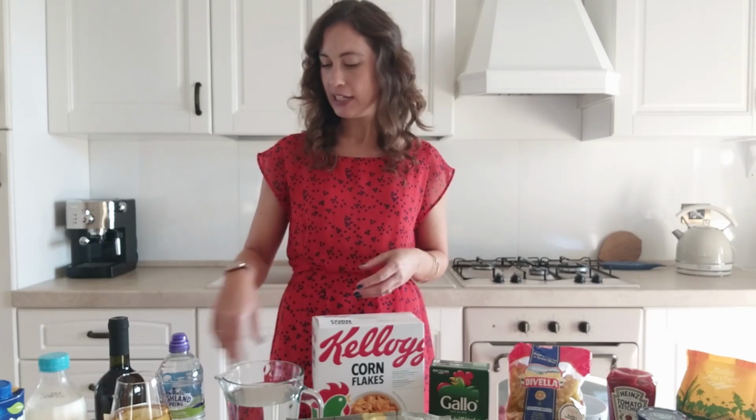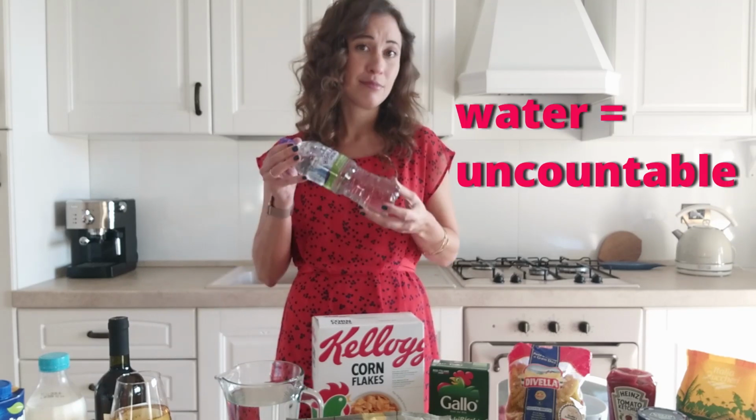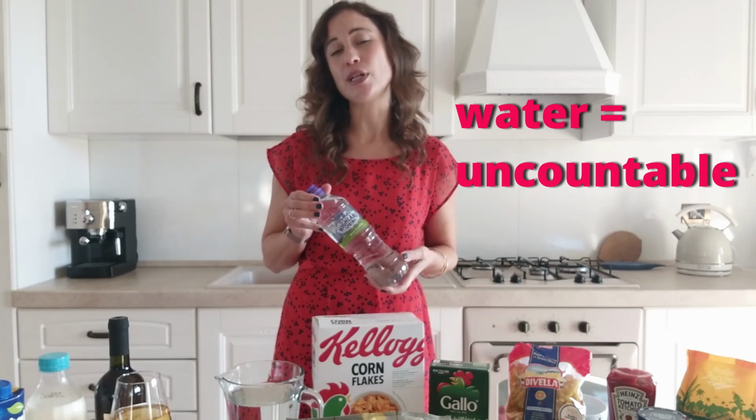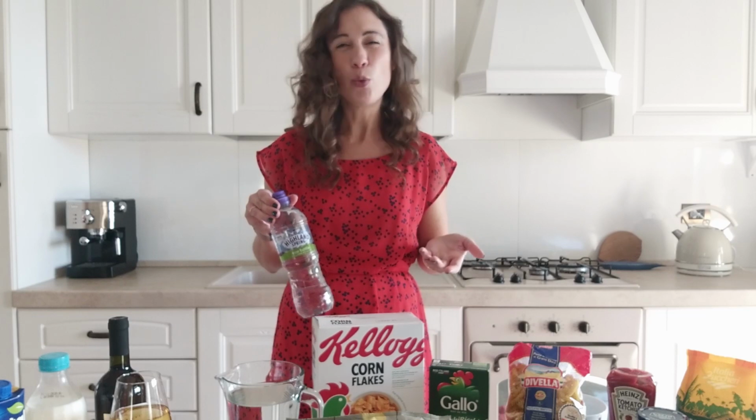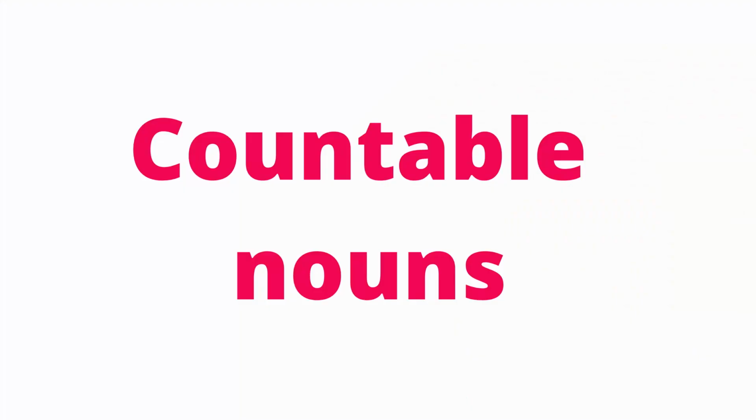An example of an uncountable noun is water. Water is a liquid and liquids are uncountable. We cannot say 1 water, 2 waters. Let's look at some more countable nouns first.